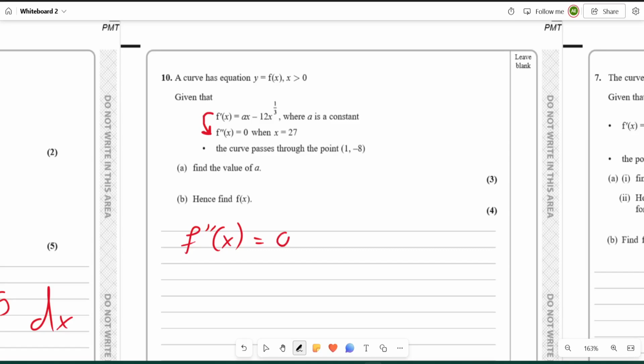That's going to basically be a minus, differentiation is basically the power times the coefficient and subtract the power by 1. So 1 over 3 times 12 is going to be 1 over 4. X power 1 over 3 minus 1 is going to be minus 2 over 3. This is the differentiation over here.